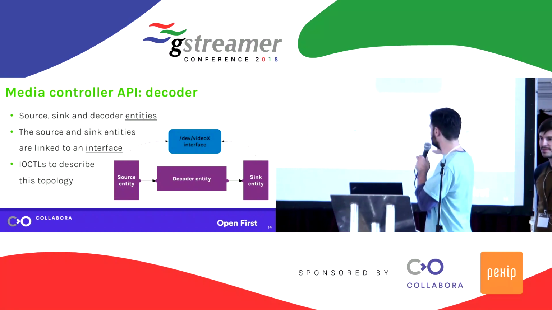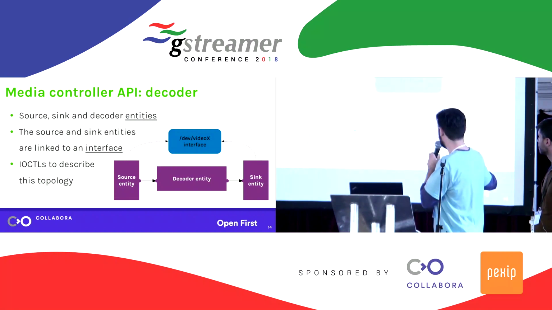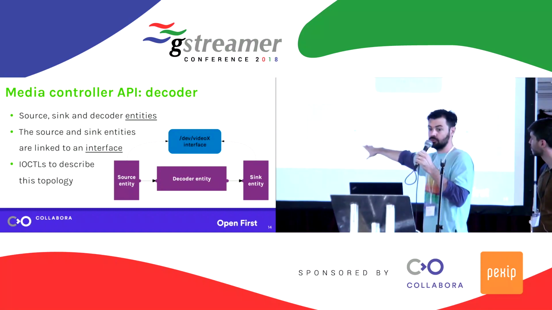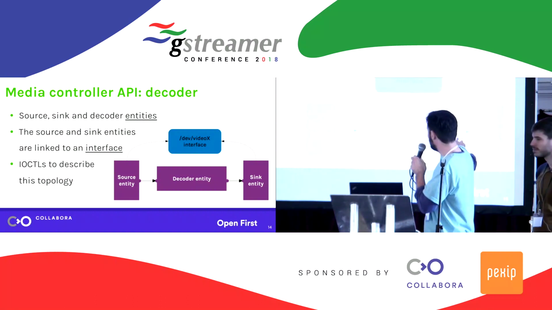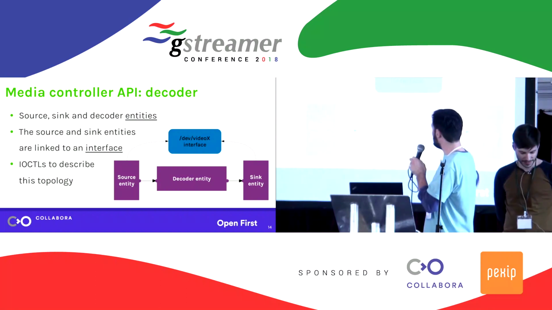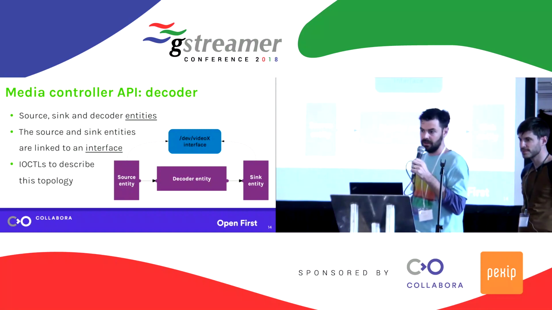So let's see how this would look in our case. We would have these three little blocks here. They would say, okay, I have this entity here, it is the source one, I have the decoder one, and I have the sink one. And both the source and the sink relate somehow to the /dev/video device node.